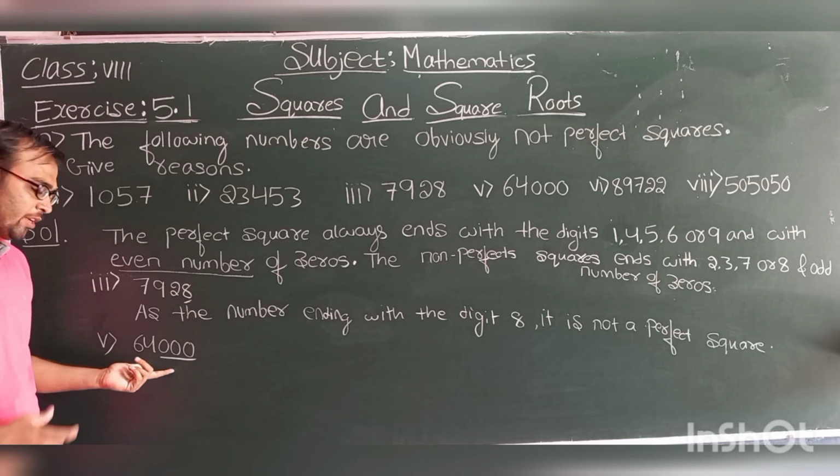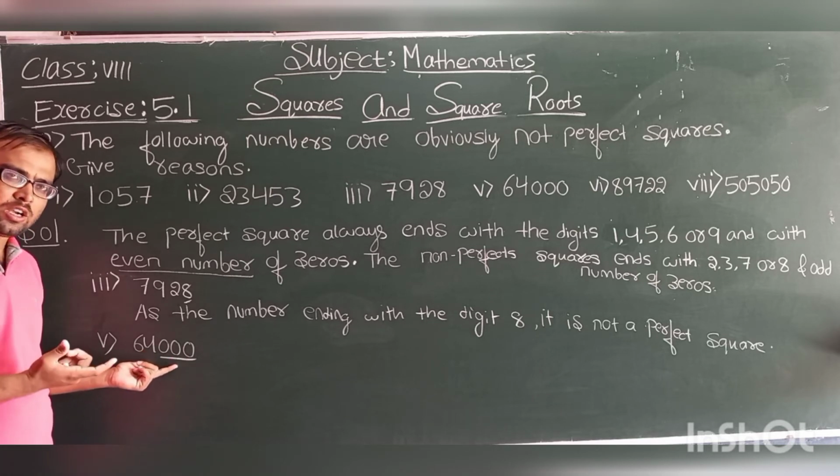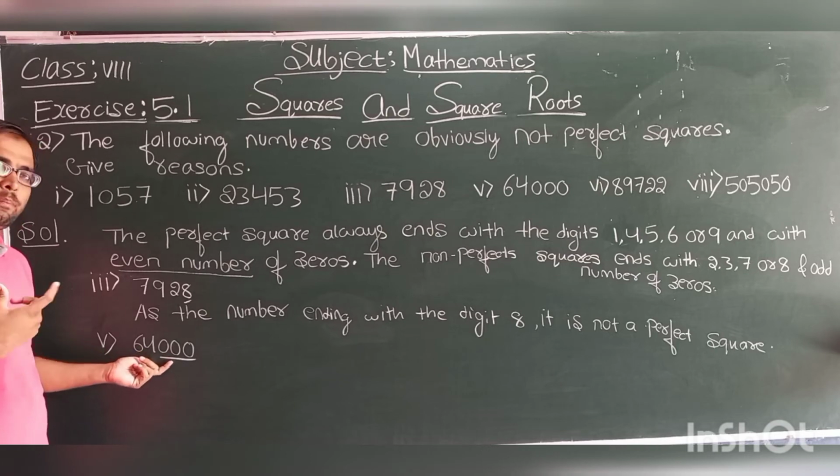Okay, this number is ending with an odd number of zeros. As this number is ending with an odd number of zeros, this cannot be a perfect square.